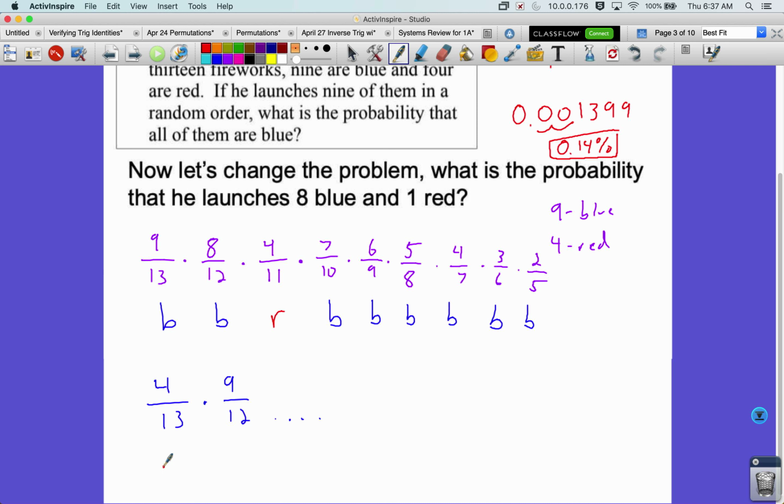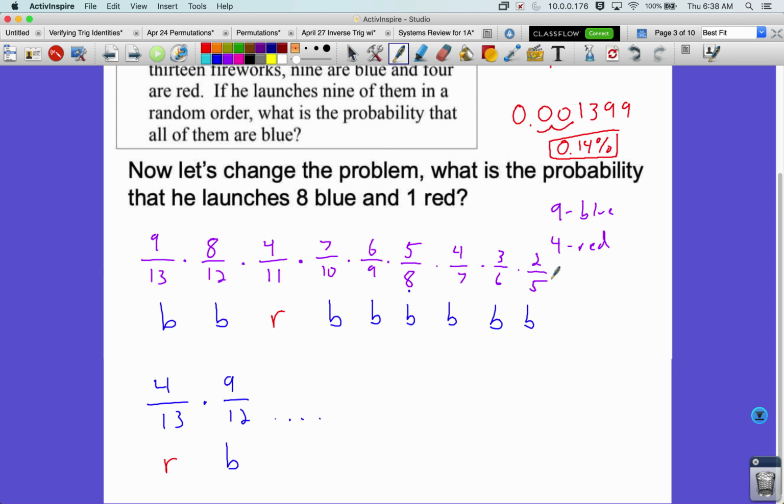All right, so that red can happen in 9 different spots. So I want to take this probability and add it to itself 9 times to represent each of the different spots the red could be in, because that specific scenario will have the same probability as all the other scenarios.